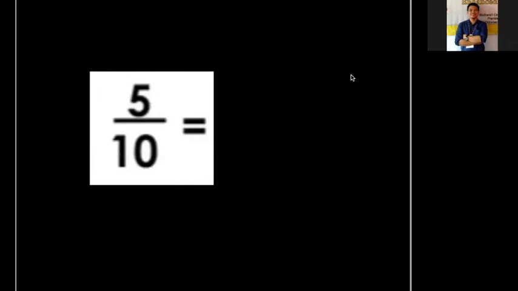Then, to get a fraction that is similar to 5 over 10, we can multiply or divide a number to the numerator and denominator so that we can get the similar fraction. So we can multiply 5 by 2, so we get 10. If you multiply the numerator by 2, we need also to multiply the denominator by 2, so we get 20.